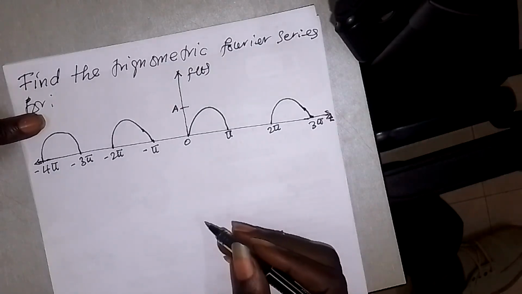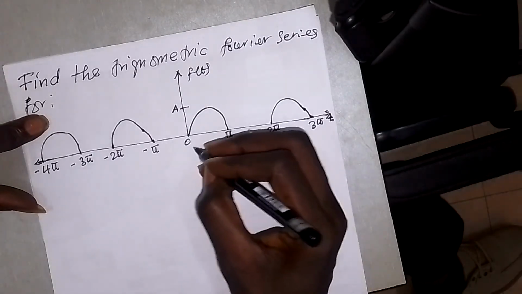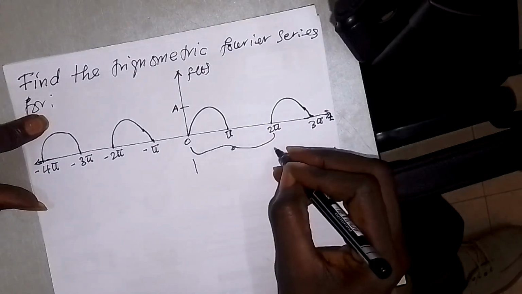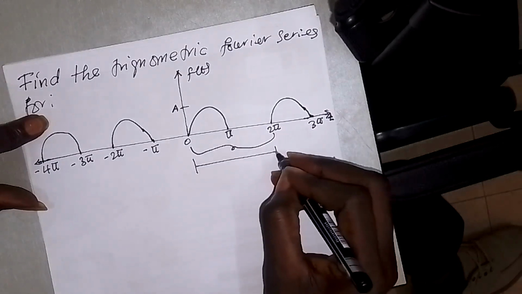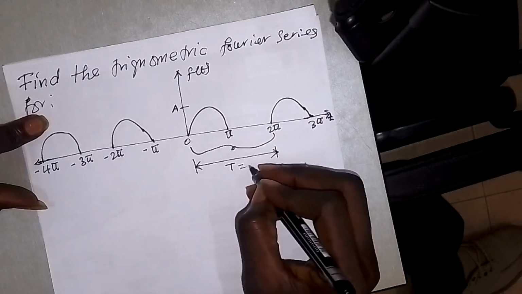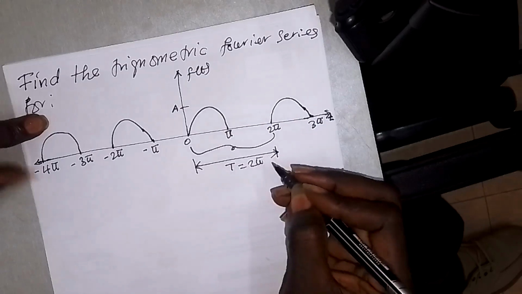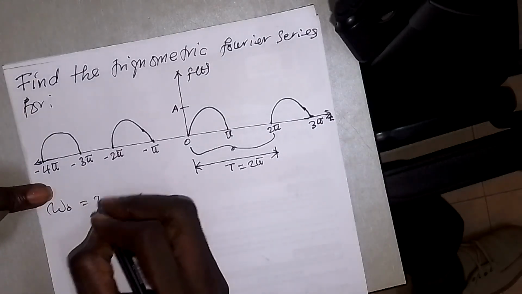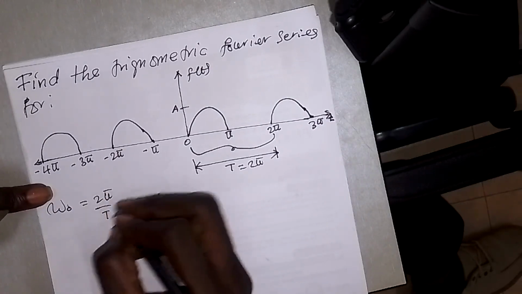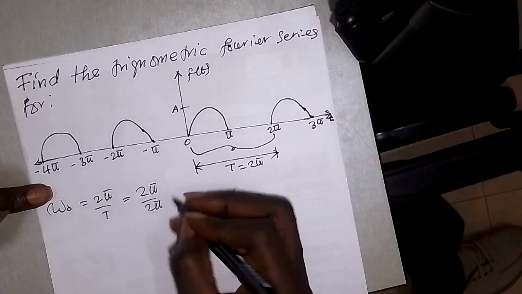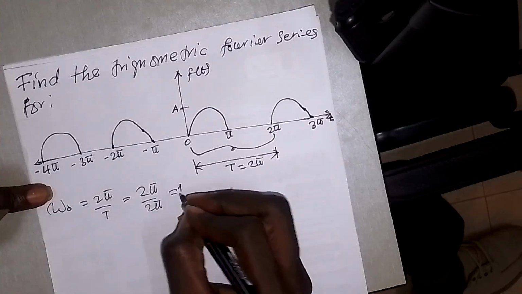Okay. So now here I can take this as my period, which is equal to 2 pi. So now here omega naught is equal to 2 pi on T, which is 2 pi on 2 pi, which is equal to 1.